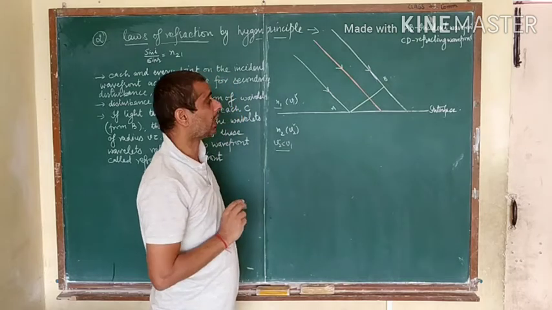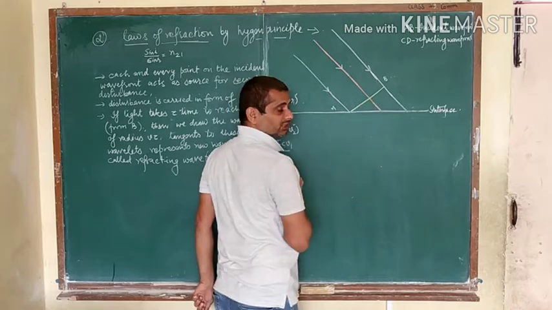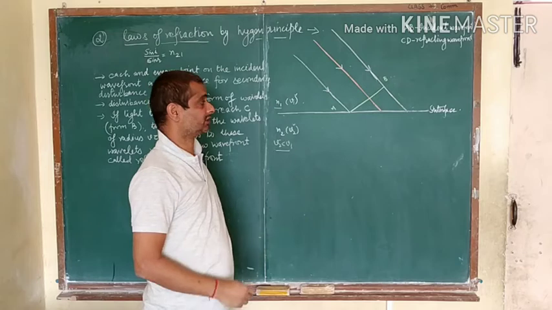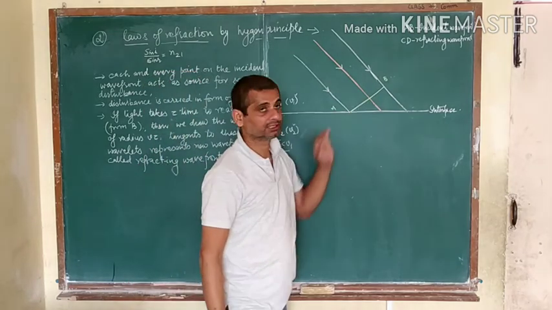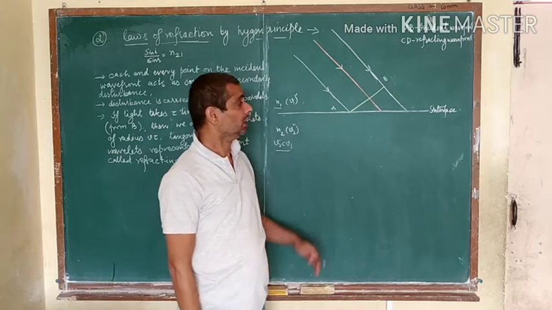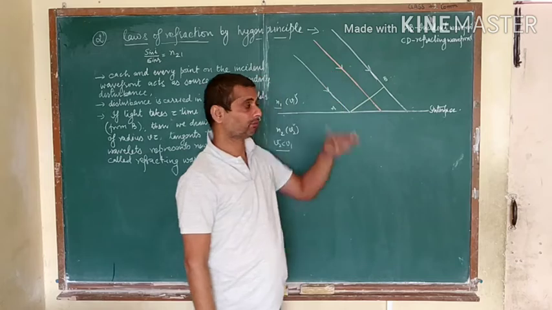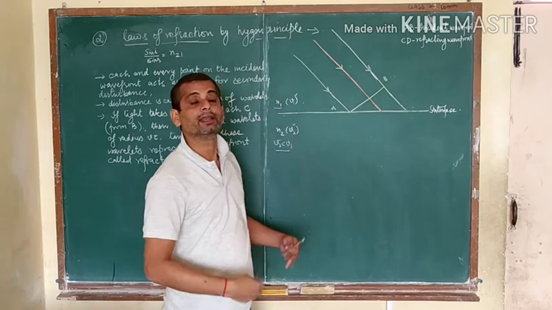Now, according to the Huygens principle, each and every point of this incident wavefront acts as a source of secondary disturbance. Now I want to draw the wavefront at a later time.